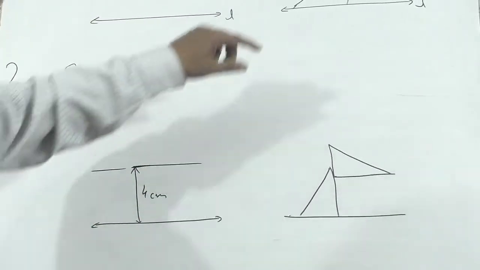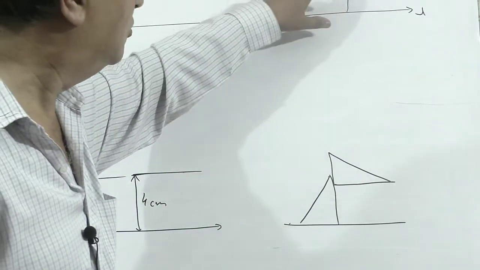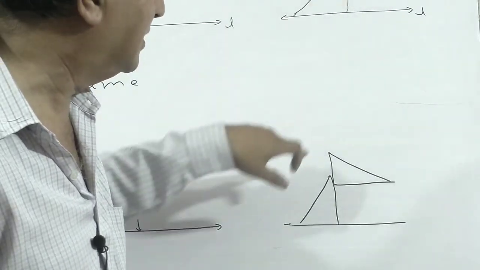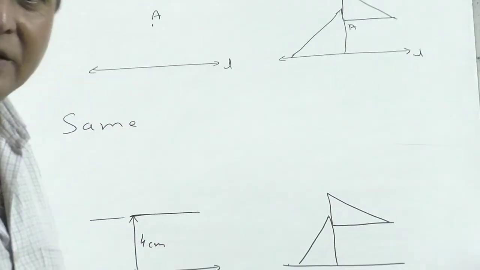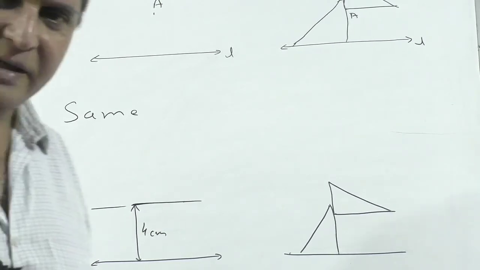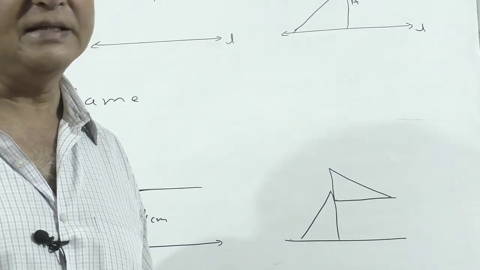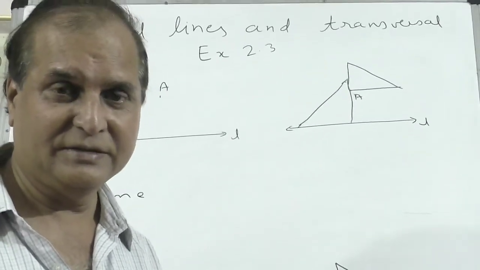This distance you adjust. When you adjust the 2 set squares and move, this distance must be 4 centimeter. Understanding? And just extend the line. You try. This is very easy. But if you don't get it, tell me. Next time I will show you. Write in the comment box.